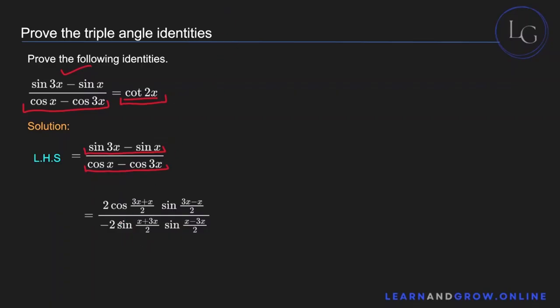And if you remember, just to clarify how we got here, you remember that sine alpha minus sine beta is equal to 2 cos alpha plus beta by 2 into sine alpha minus beta by 2, right?